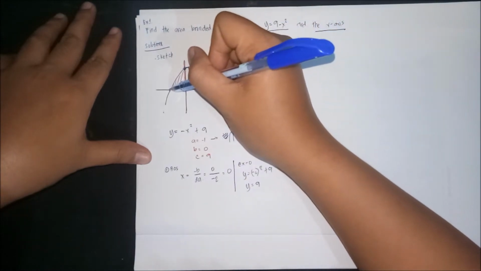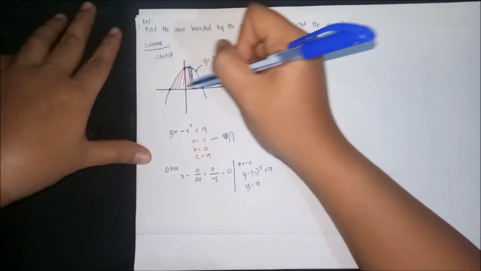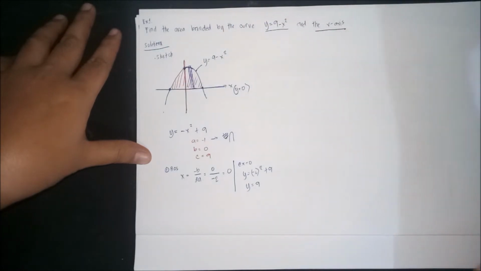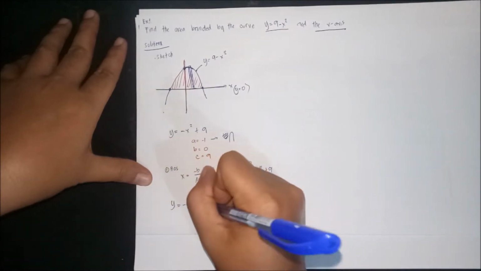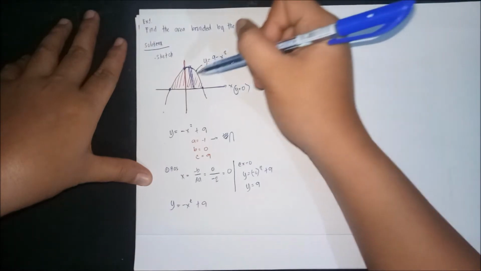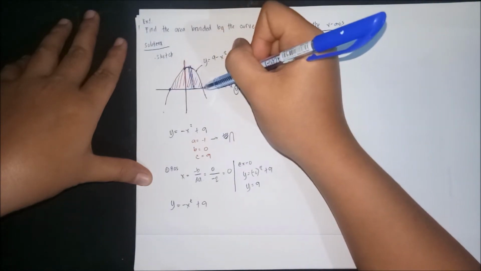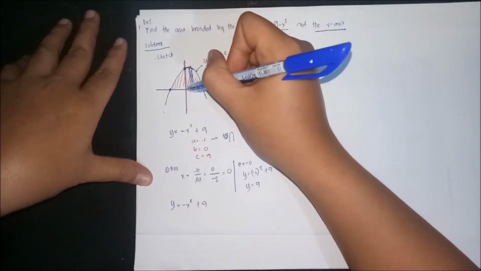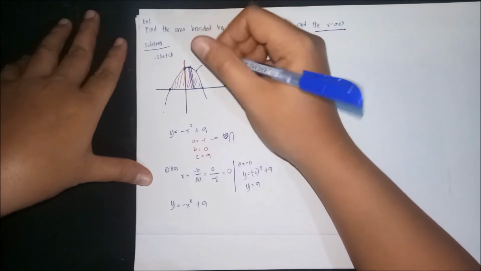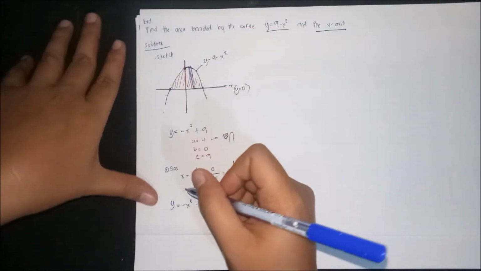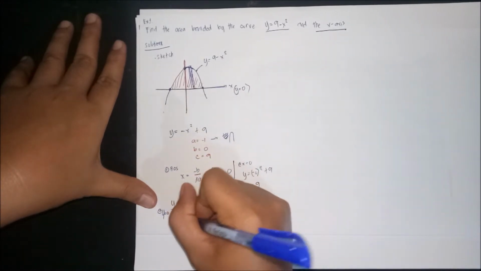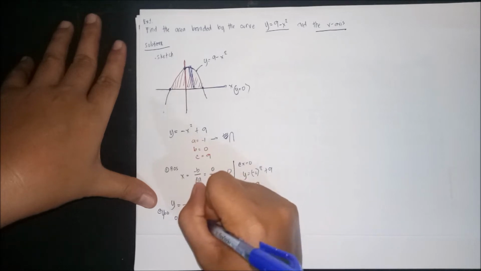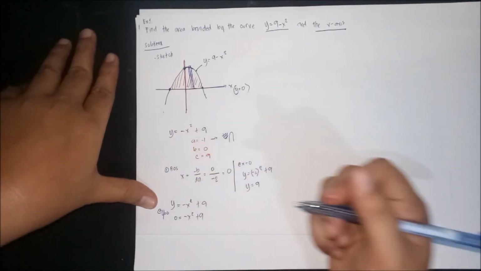Tapos, yung limit natin is from here to here. Problem is, hanapin pa natin yung limit. Ano ba yung limit natin? So, yung equation natin, class, sulat ko lang siya ulit. That's y is equal to negative x squared plus 9. Now, hanapin natin yung value niya when y is equal to 0. Diba, class, at this point, your y is equal to 0. So, at y is equal to 0, you would have 0 is equal to negative x squared plus 9.